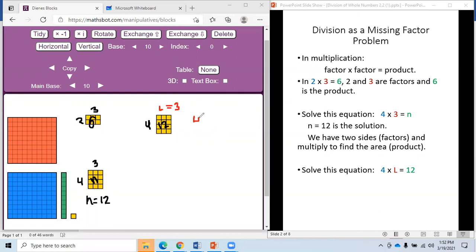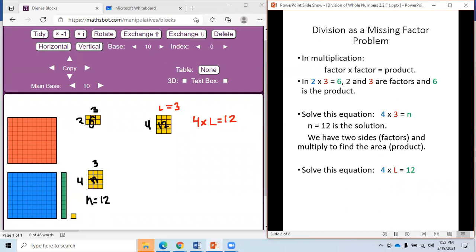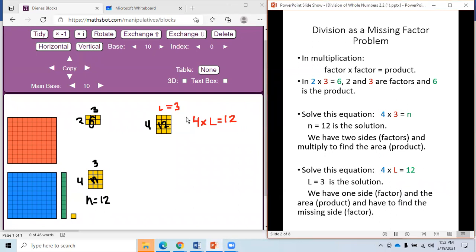So we have this represents 4 times L is equal to 12. Okay, we were given one side and the area. We had to find the missing side.